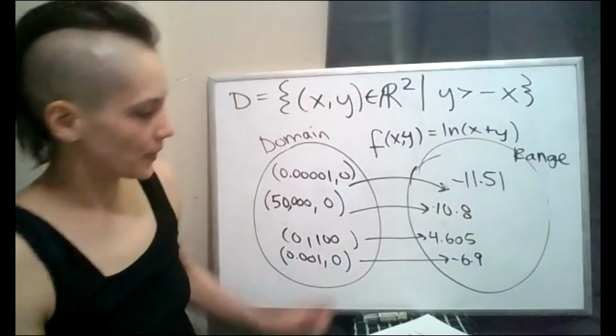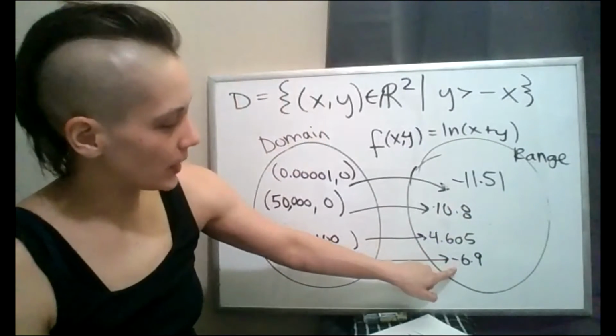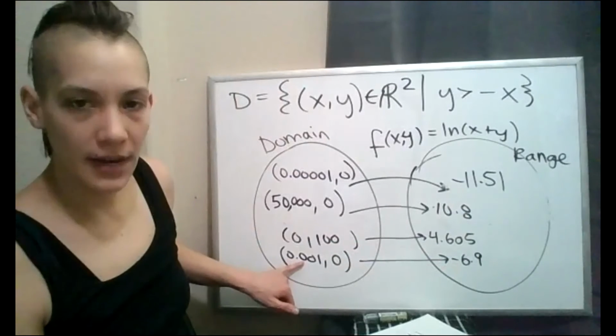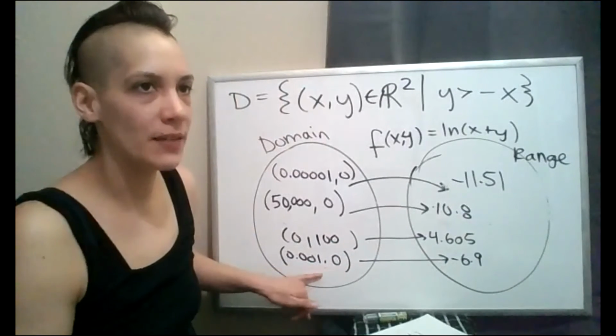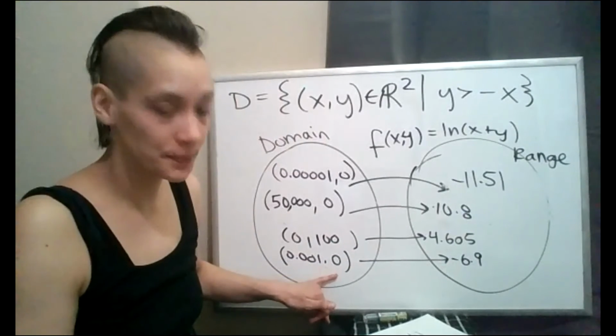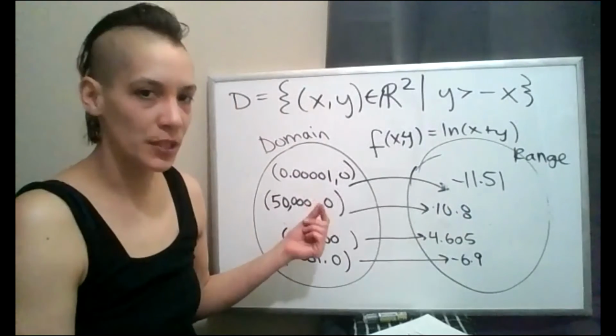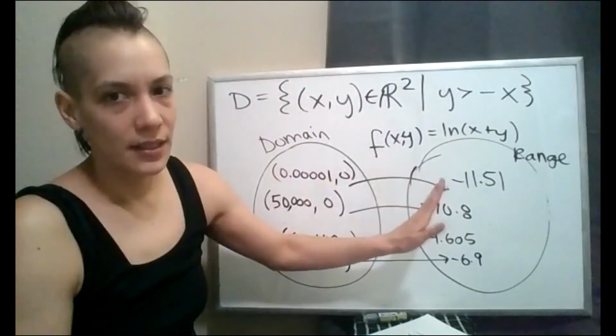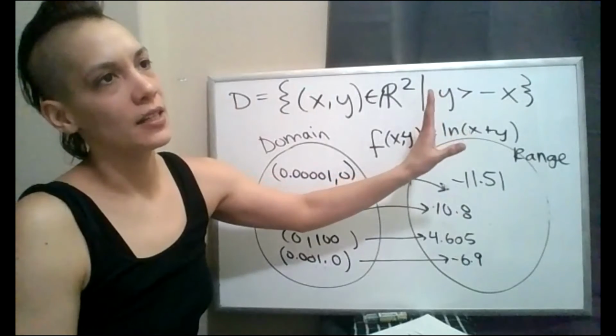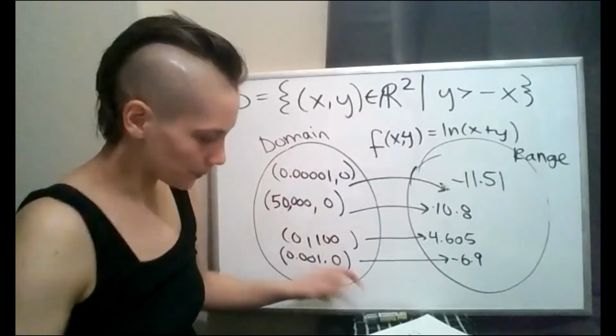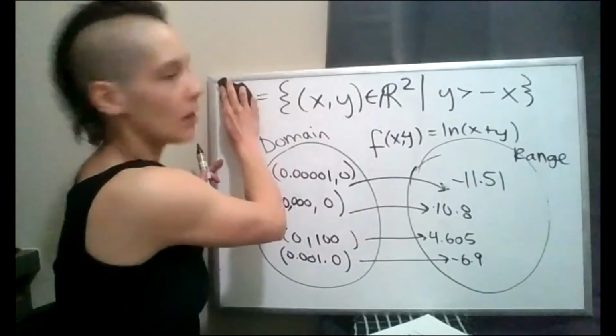Okay. So this set keeps going. As your x plus y value gets smaller and smaller, the outputs go towards negative infinity. And as x plus y becomes larger, the range goes to positive infinity. So it's going to be all real numbers.